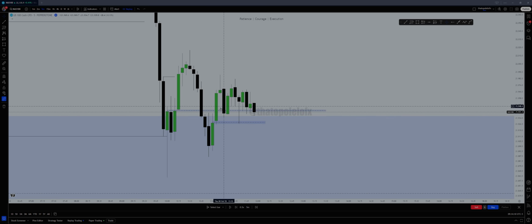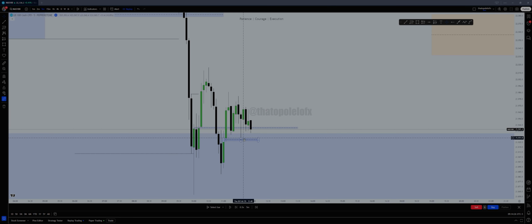To be safe, I would have taken the trade at the fair value gap right here, and put my stop loss at the bottom here. And of course, that's what I did. I took this trade at 11:35.